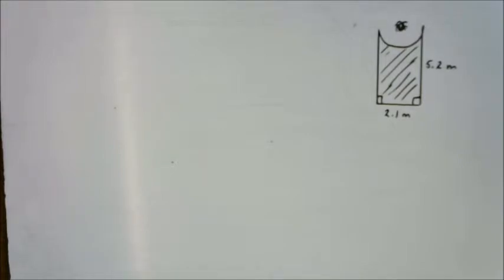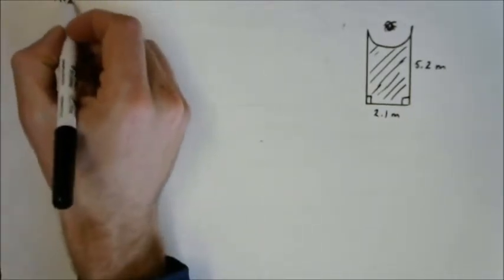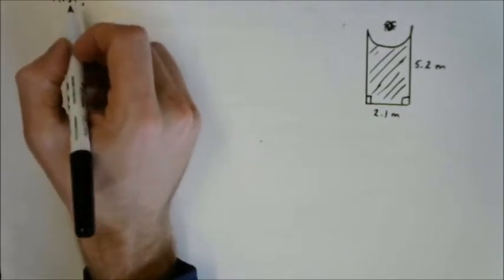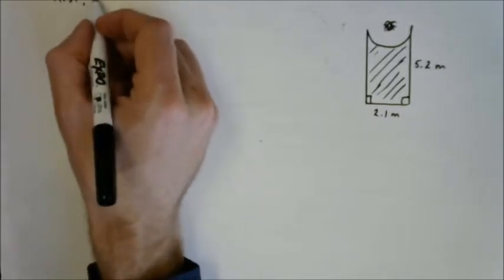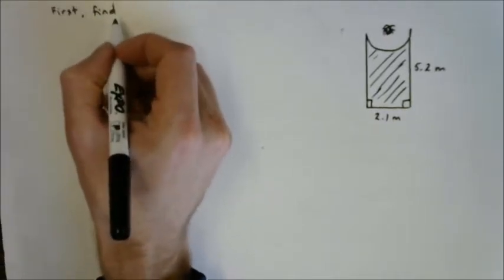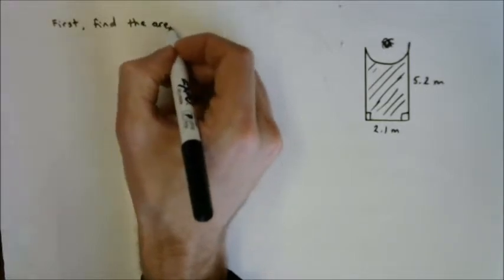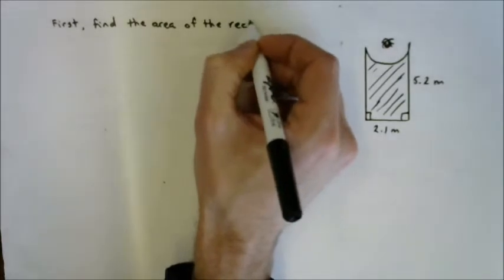Right, on here. Maddie, what do you think? Okay, so we're going to find the area of the whole circle, and divide it in half, and then take it away from the rectangle. Nice. So in order to do that, we first need to find the area of the rectangle, right? So we're going to first find the area of the rectangle.